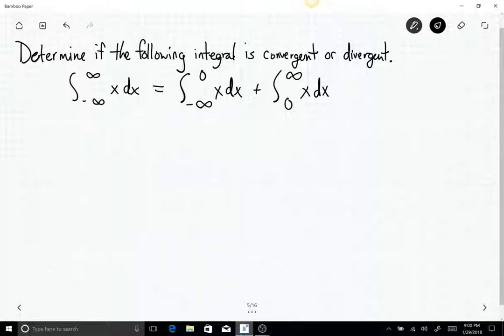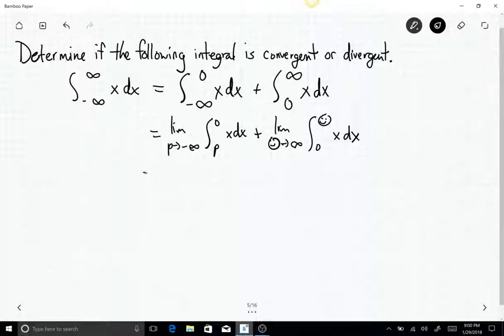And so what does this mean? Well, if we do that, we can now take a limit as p approaches negative infinity, and we'll go from p to 0 of x dx, plus the limit as, and you can pick whatever you want, I'm putting a smiley face here, smiley face approaches positive infinity, of the integral from 0 to our smiley face of x dx. And so now what happens?